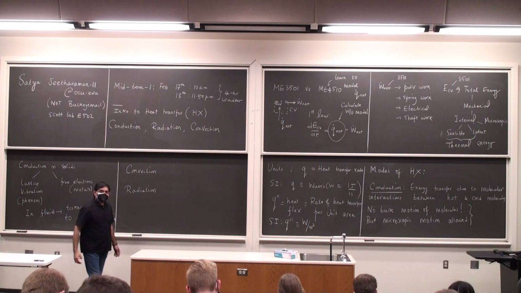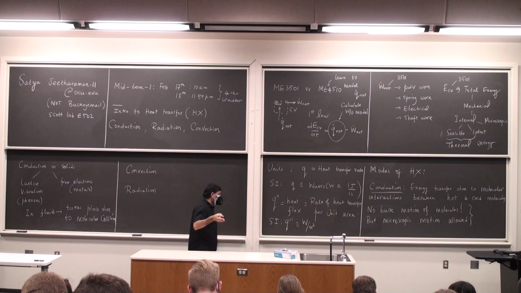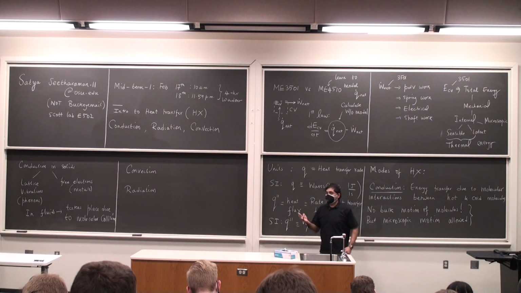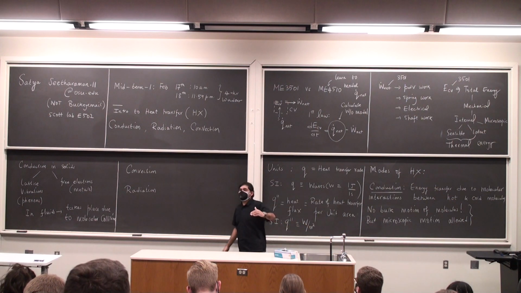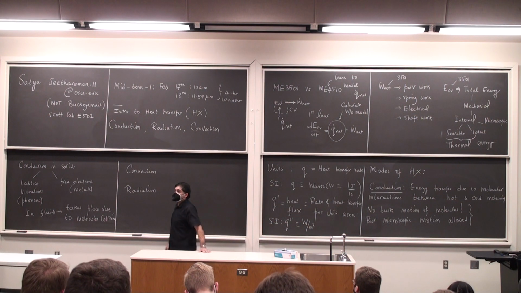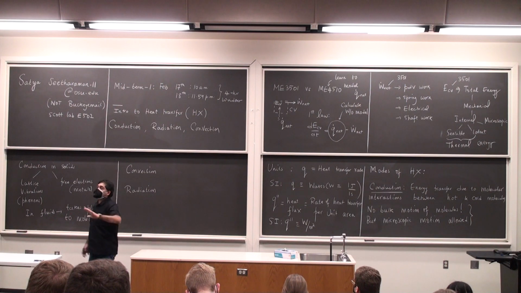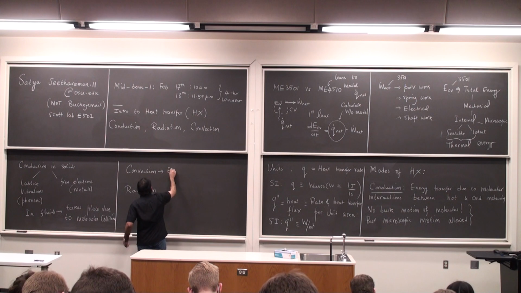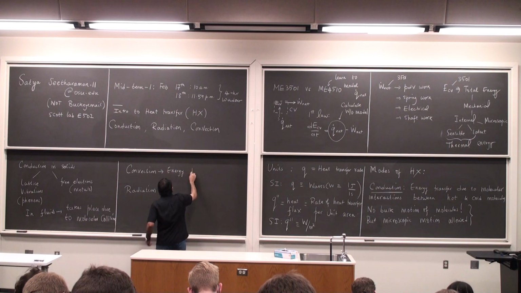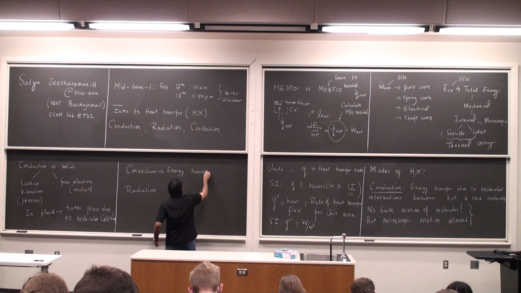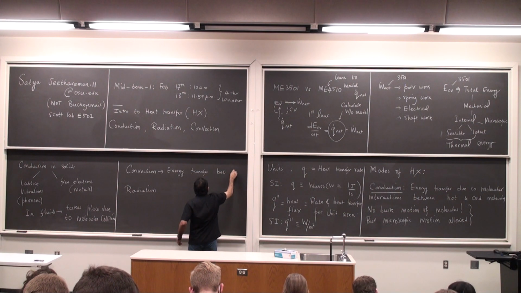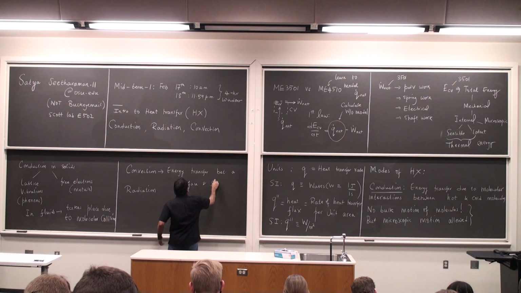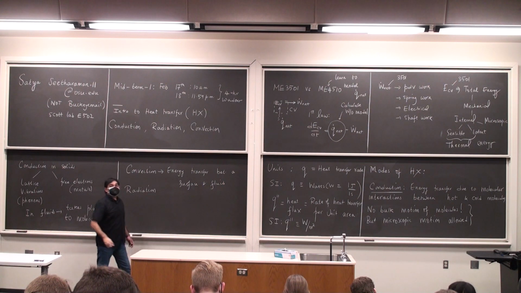I will talk about them in the next class, but I just want to give you a very brief idea. When you have convection, it is essentially transfer of energy between a surface and a fluid in the presence of bulk motion. Okay, so this is energy transfer between a surface and fluid in the presence of bulk motion.